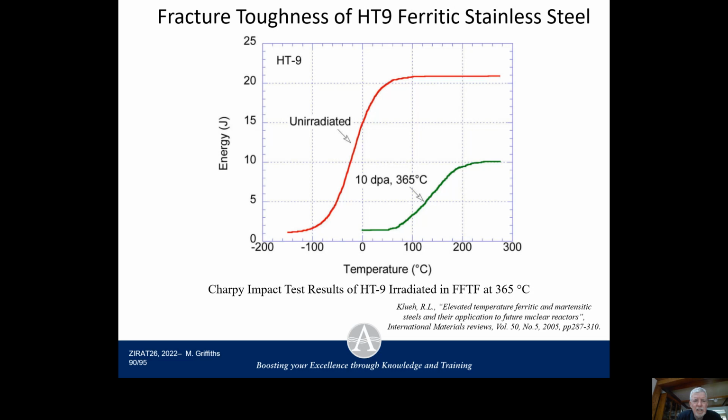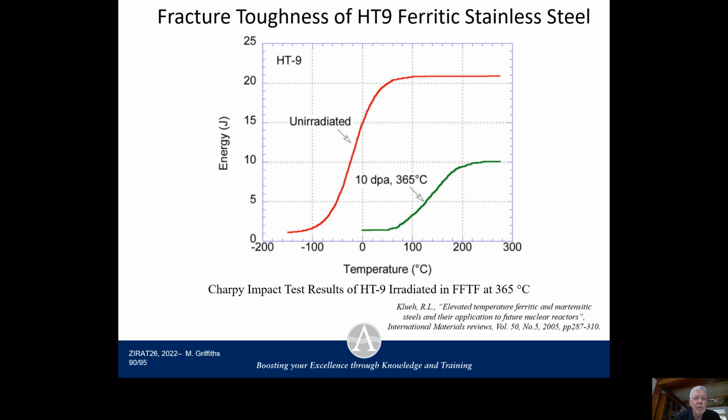But in the case of HT9, which is a ferritic stainless steel used in nuclear applications, we have to be concerned about this if it was to be operated at quite a low temperature. So when you shut the reactor down, you may reach a low enough temperature that this transition would be a problem.